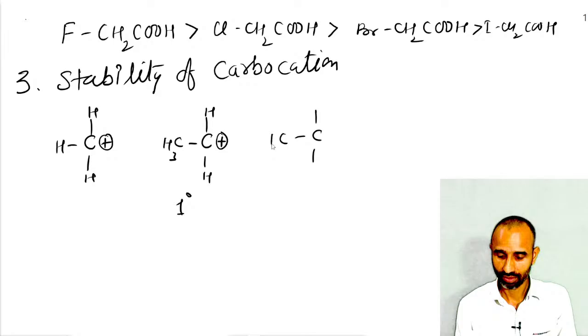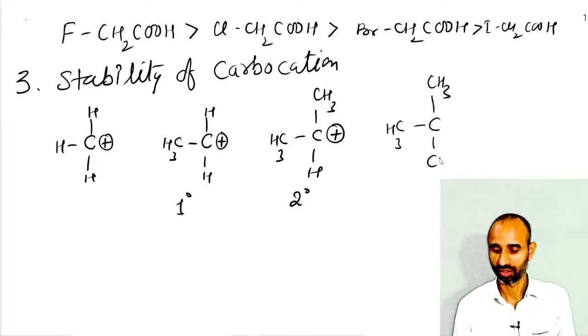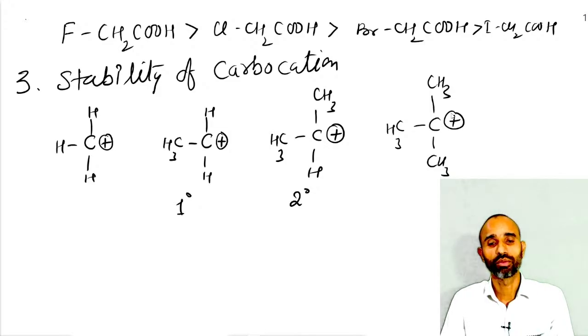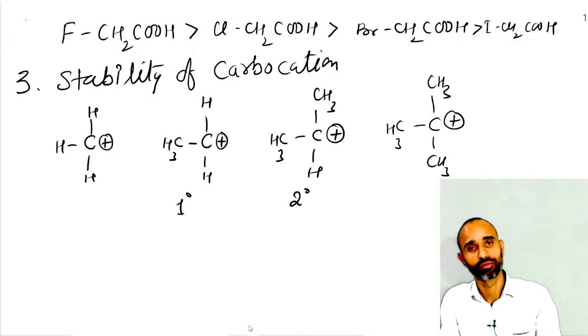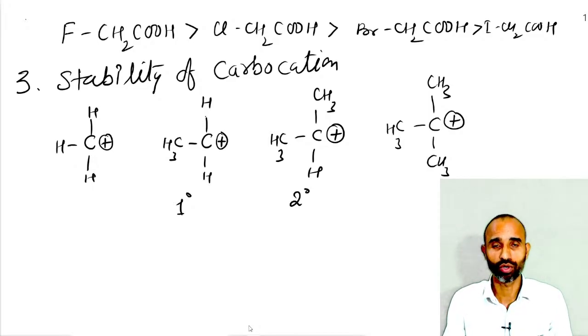Then secondary carbocation, isopropyl carbocation is secondary carbocation, and this one is tertiary carbocation. So tell me which one is most stable? Because positive charge is unstable because of the electron deficiency.